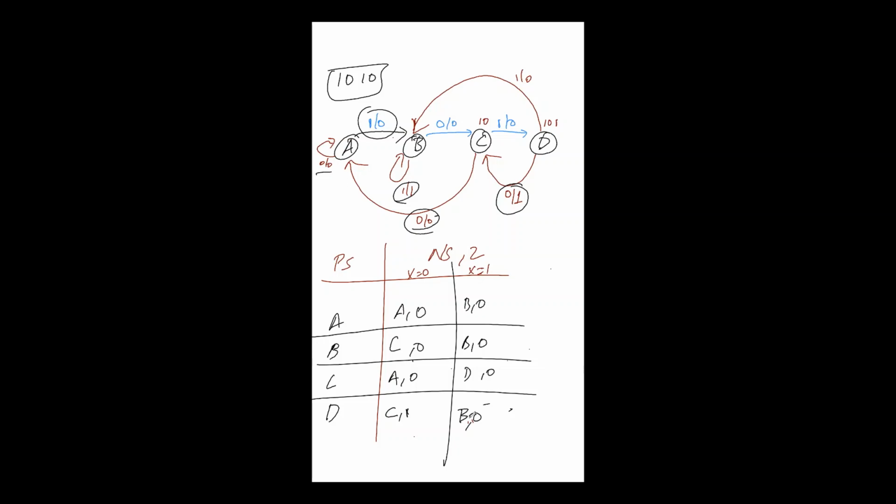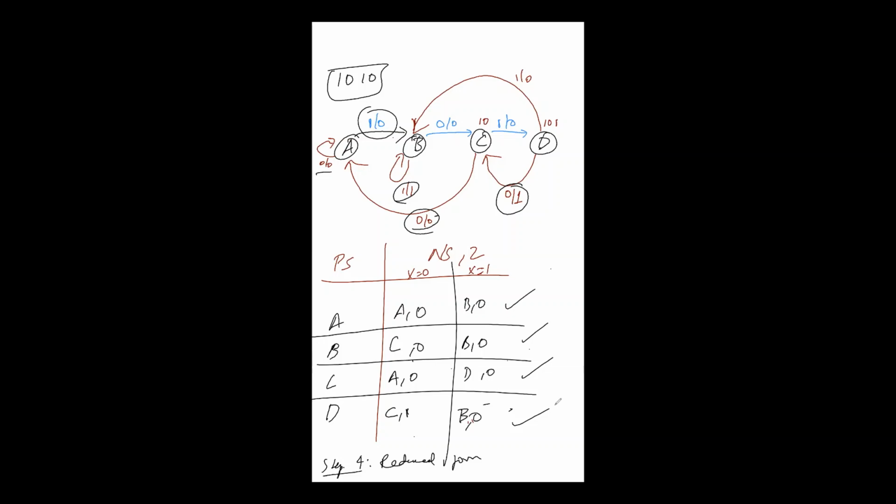So next you have to take step number 4, that is reduced form. You can check, see, this is already in reduced form. There is no overlapping. The machine is already in reduced form.